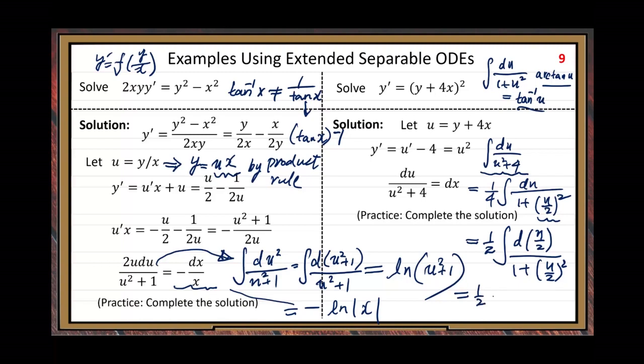If you use arctangent, it is 1/2 arctangent of u over 2. If you use inverse, let me separate, it is 1/2 tan inverse of u over 2. How about that?